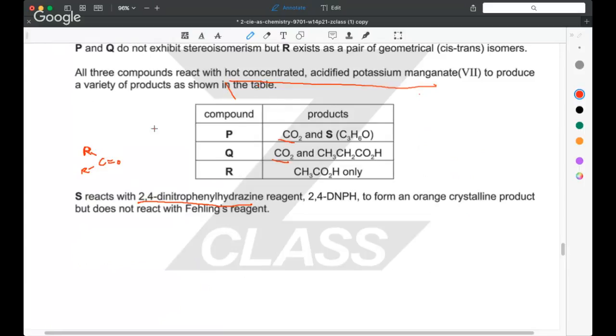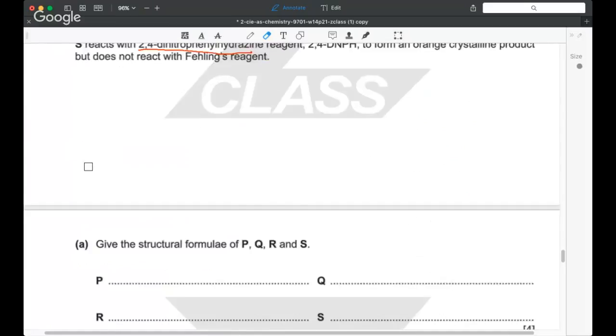But only aldehydes will react with Fehling's reagent. So this product S here is a carbonyl, and it does not react with Fehling's, so therefore it's not an aldehyde. Because it's a carbonyl and it's not an aldehyde, it must be a ketone. So that's the kind of thinking that you've got to work through here.